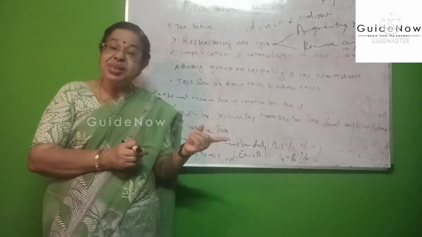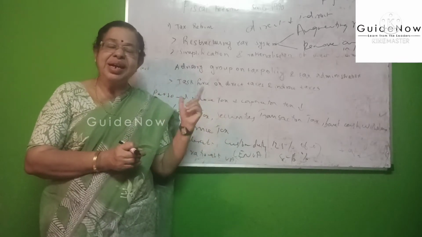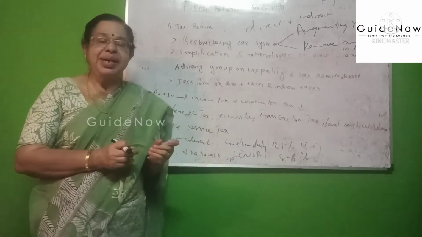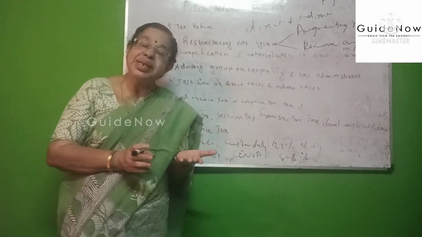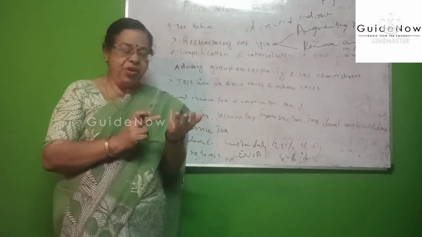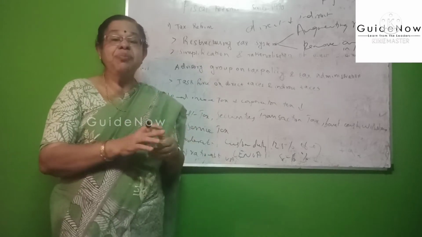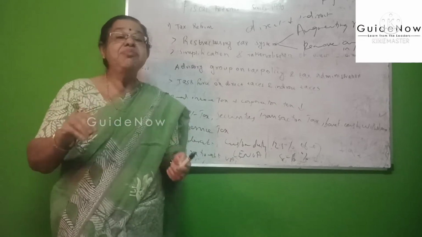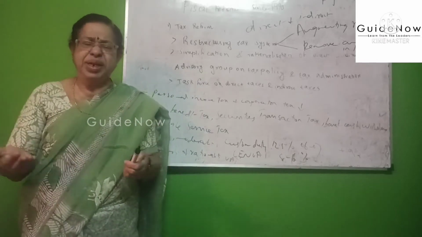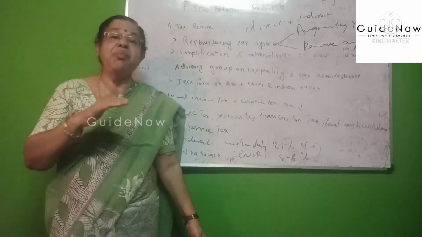So, to focus on the direct and indirect tax structure, they recommended some important suggestions. One is the need for a simple tax structure. In India, there are so many taxes that make our tax system more complex.